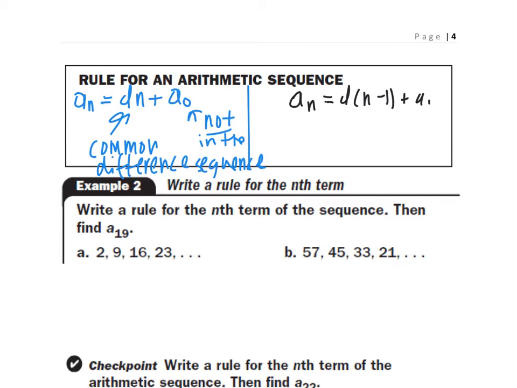You don't have to work backwards to get the zero term. But a lot of times I'll use this, simplify it with distribution, and then it'll end up looking like the one I have in blue here. So the common difference is still d, and a1 is the first term.